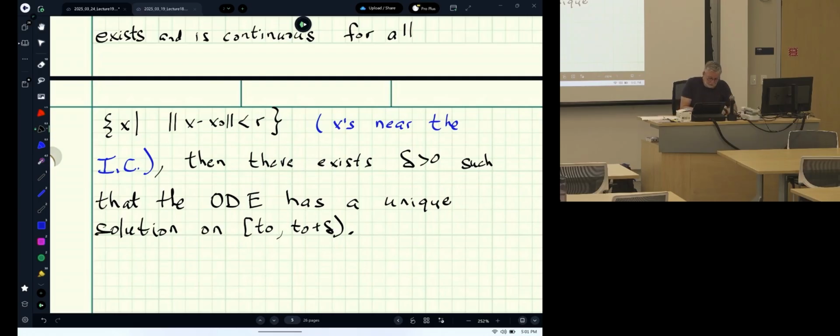Okay. This is what we mean by local. Small interval of time beyond the initial time.